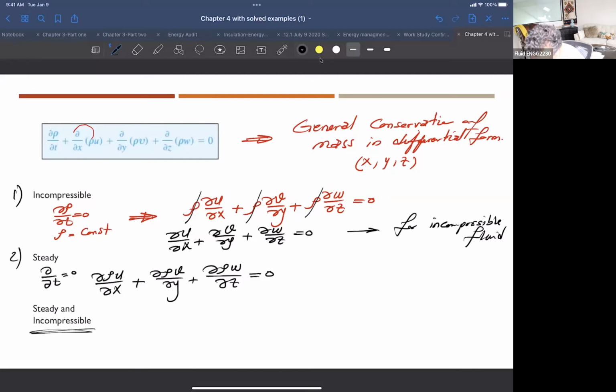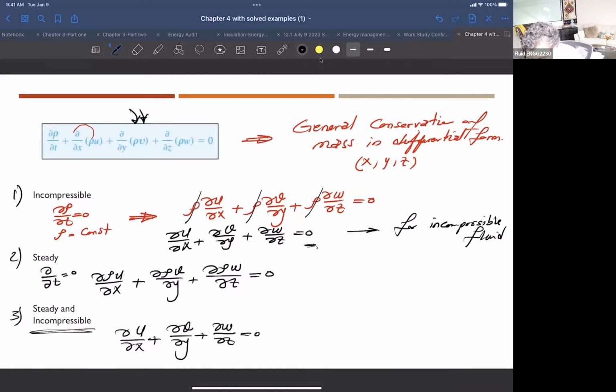If it is steady and incompressible, can I write this same equation here? The first term is 0, and also rho will be constant. That means du by dx plus dv by dy plus dw by dz is equal to 0. It looks the same as this one here, right?